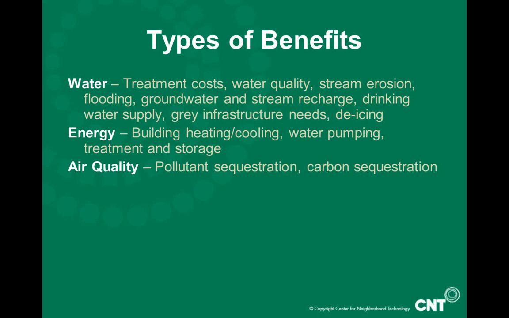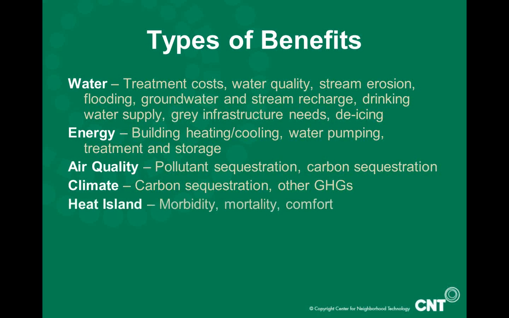Air quality, we're going to call that out as a benefit and talk about the ways green infrastructure sequesters pollutants or reduces carbon emissions, and that also applies to climate change and carbon sequestration under that category. And of course, these things also will loop back and be interconnected.